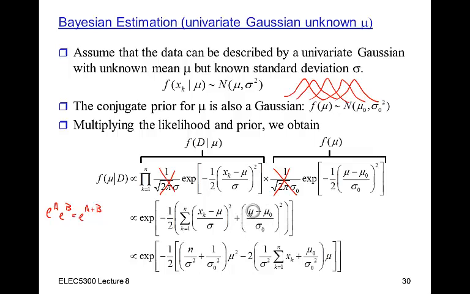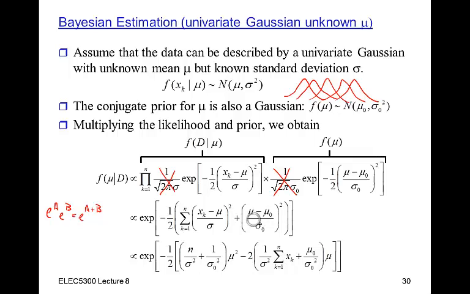And then here, when I multiply this one out, I get a mu squared divided by sigma 0 squared, which is shown here. And then for the linear terms, I get minus 2 times xk times mu divided by sigma squared, and I have to sum all of those over k from 1 to n.